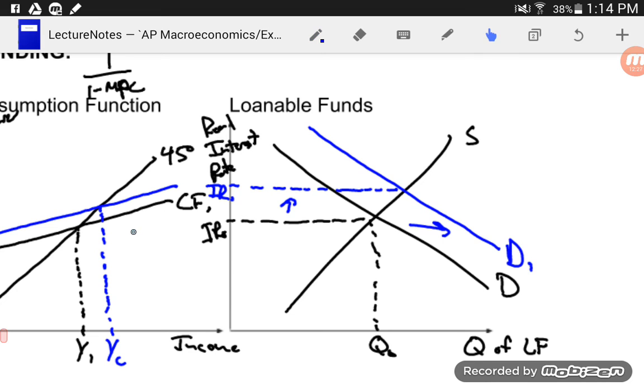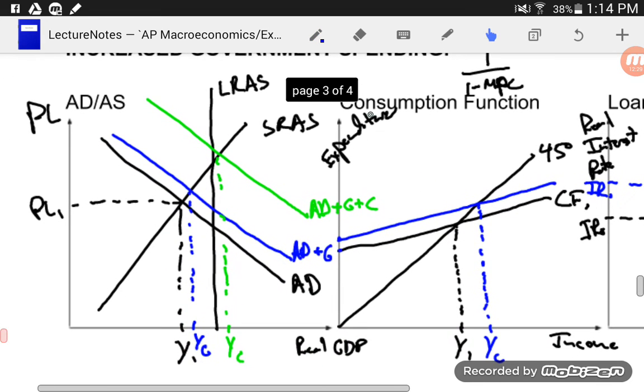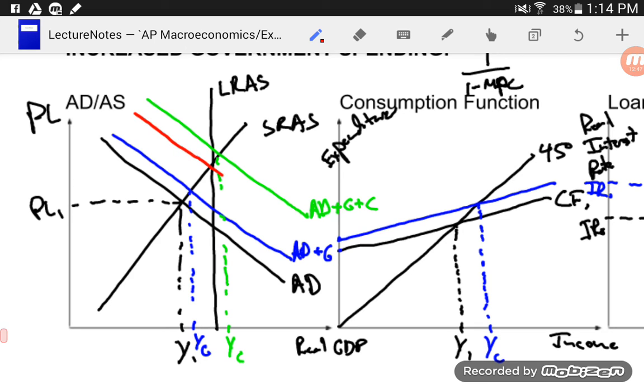Well, if interest rates are up, go back to this model, and we'll grab green, grab red. We might get an increase in government spending and that increase in consumption. But if interest rates are high, businesses are not going to want to borrow money, and we're actually likely to see some decrease in investment.